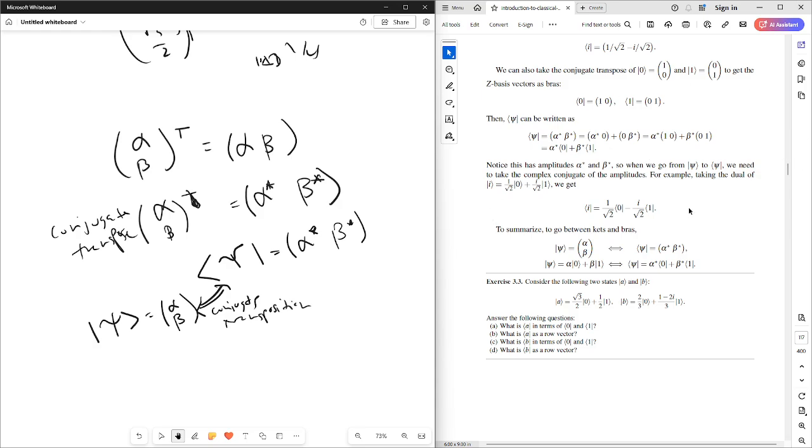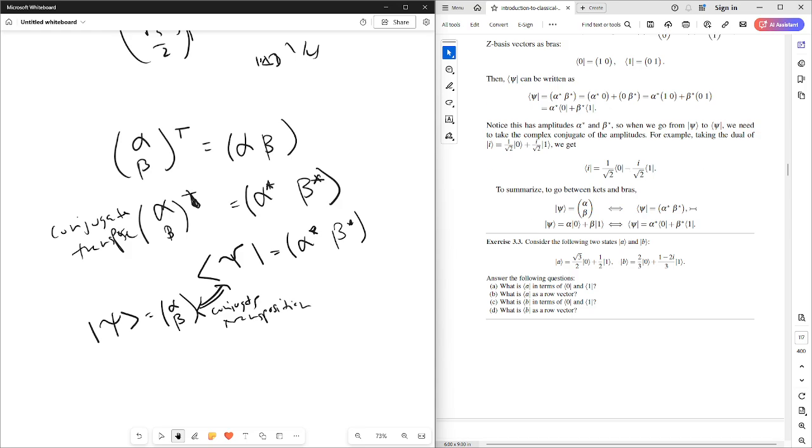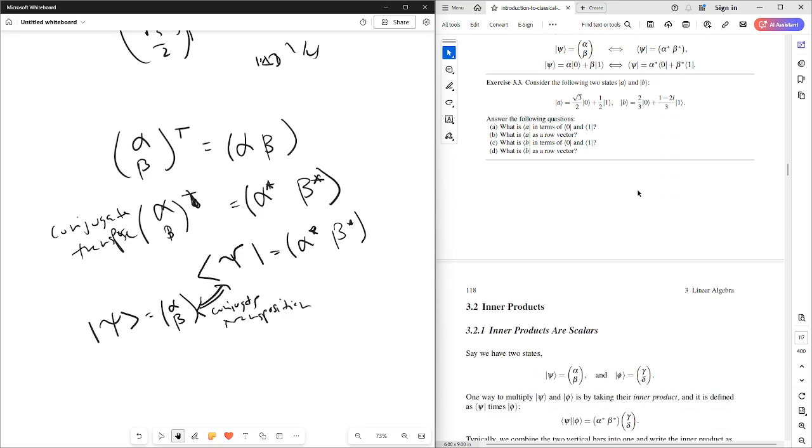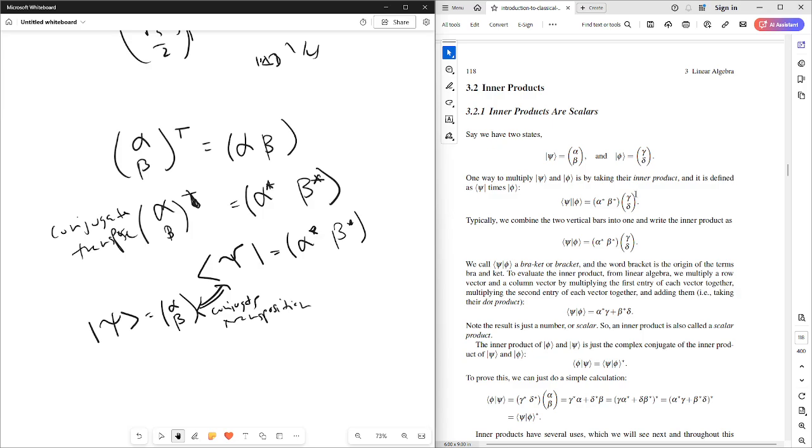Here we're taking the complex conjugates of the amplitudes. It's pretty straightforward. Inner products.